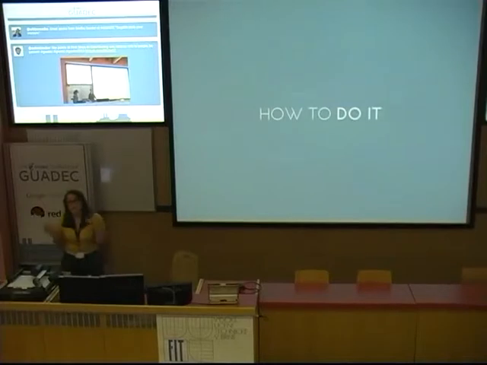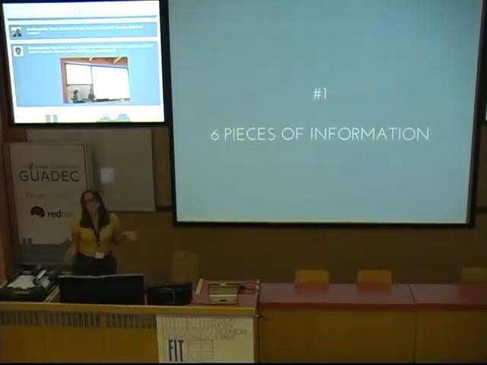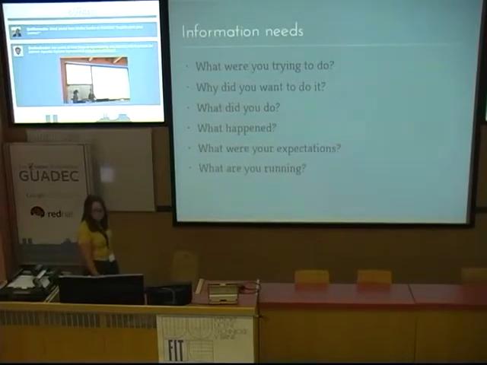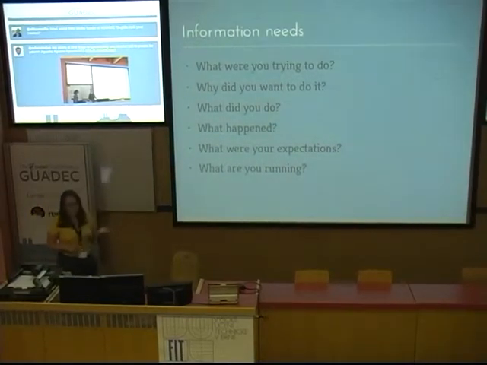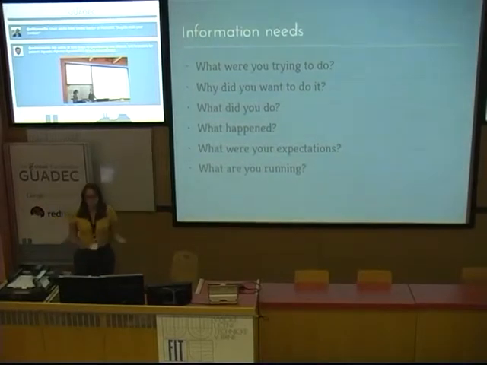So now I'm going to talk about how to do it. After my research, after talking with the designers I interviewed, I came up with a list of 6 information types that it would be really helpful if reports could include most of them. So I'm phrasing them as questions. And they are: what were you trying to do? Why did you want to do it?